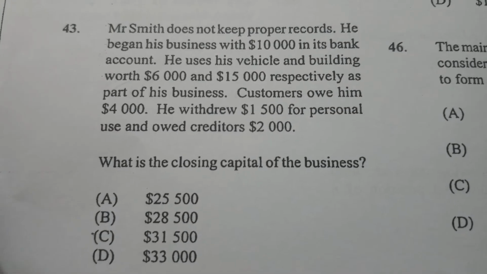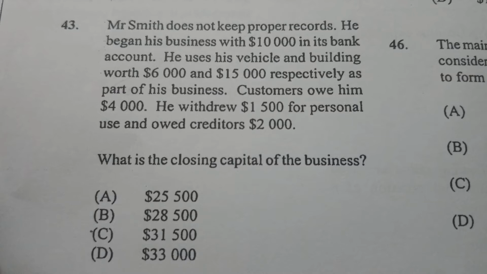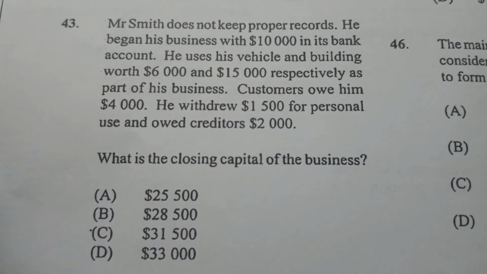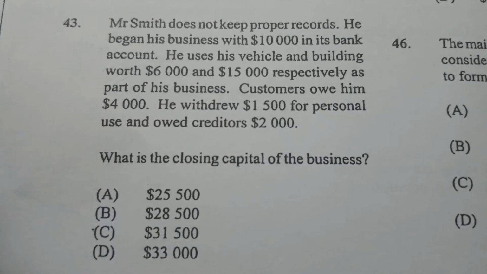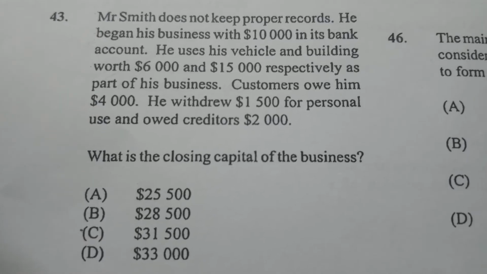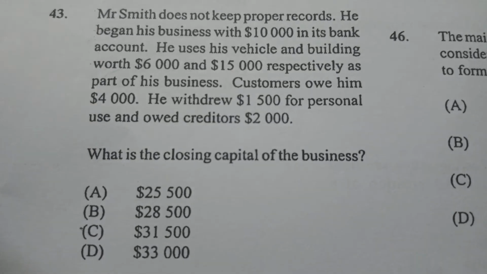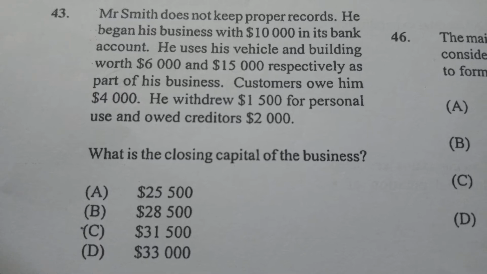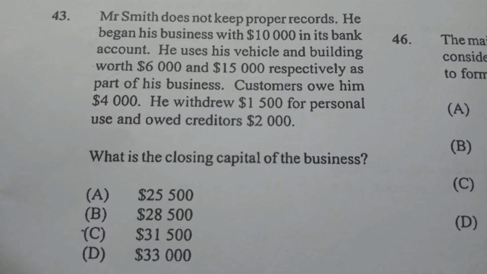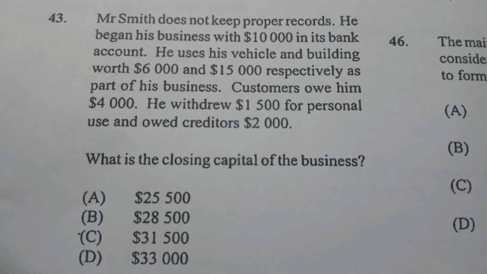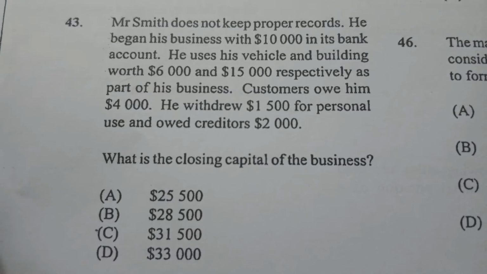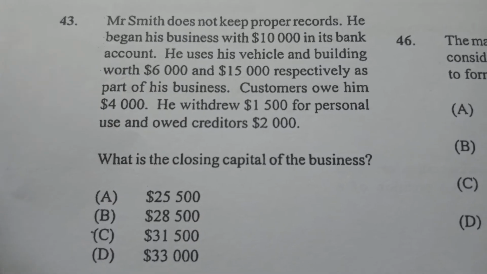He introduced to the business $10,000. We're going to add that, plus he used the vehicle and building as part of his business, so we add those as well. So bank, vehicle, and building are added together. That will be the total amount of his assets at start, and it will equal his capital as well. So his opening capital will be $31,000.